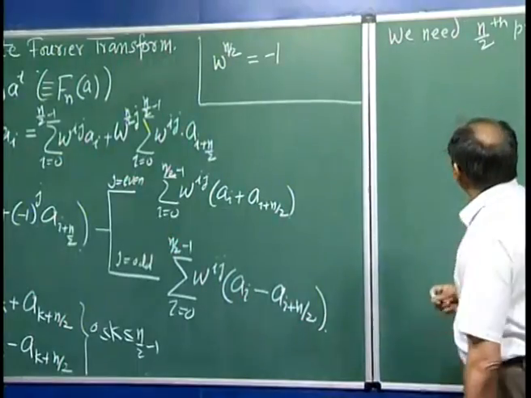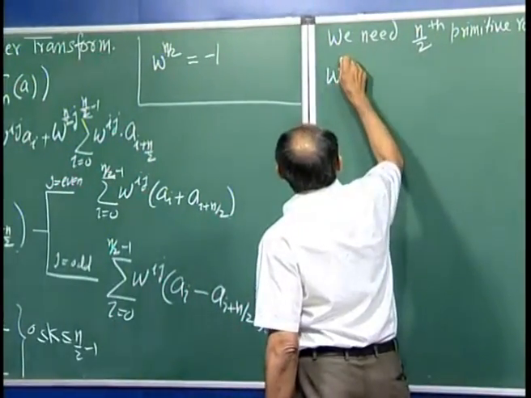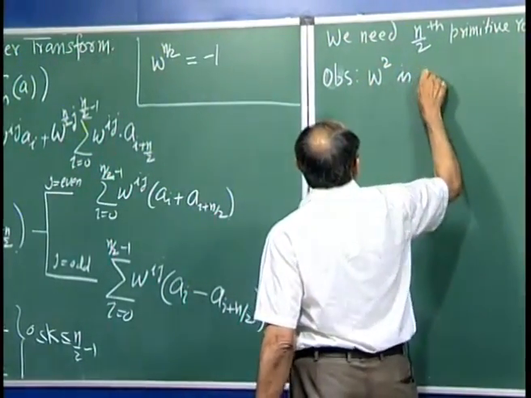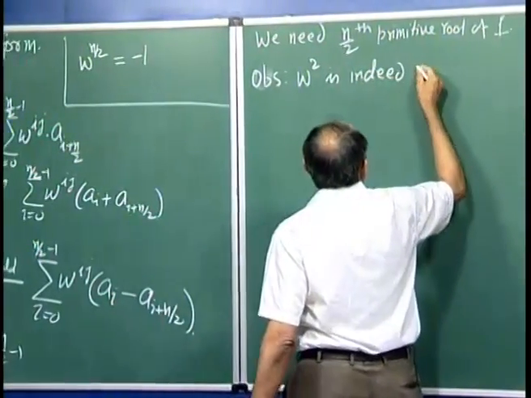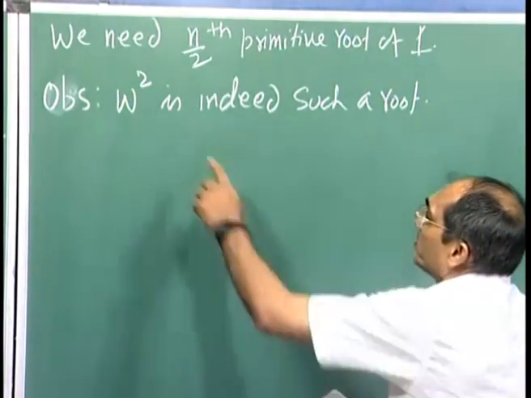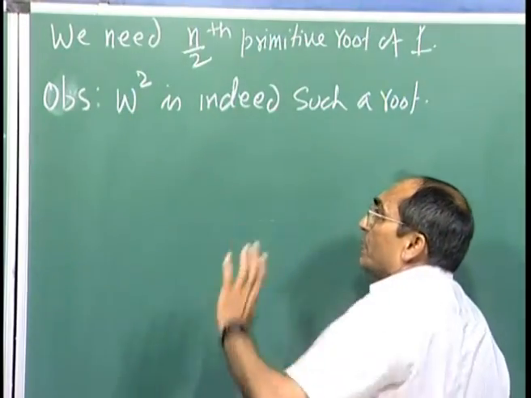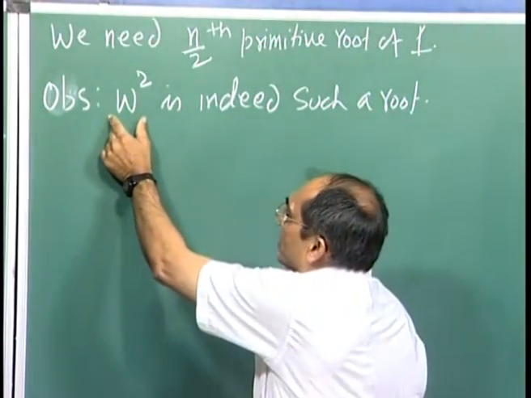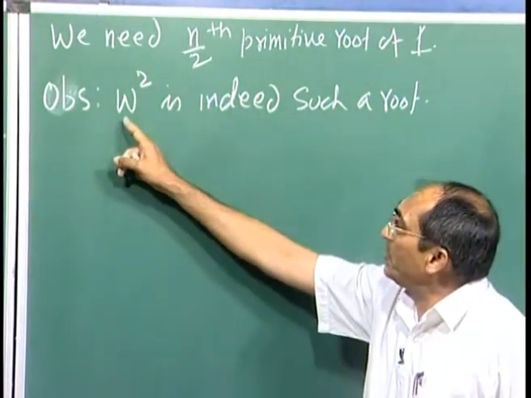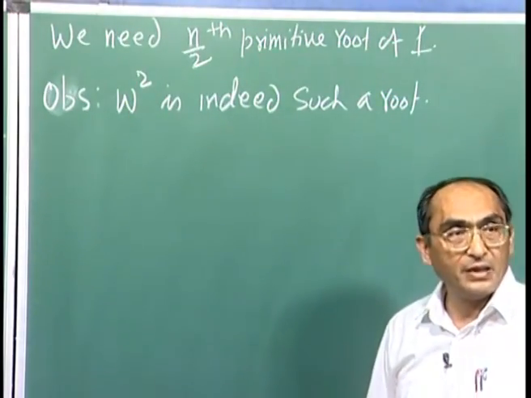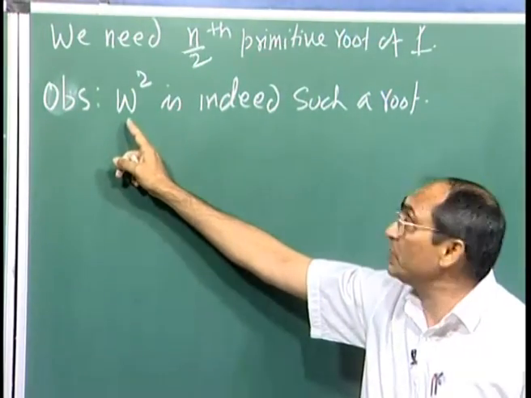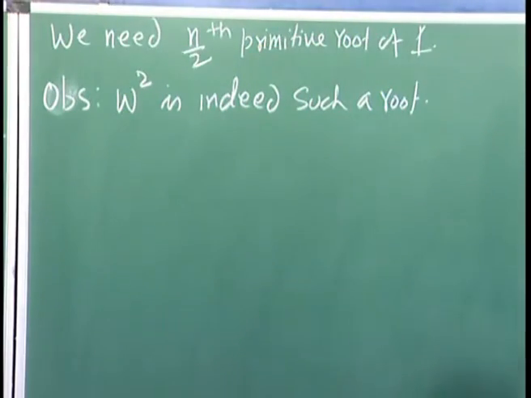Let us observe here that w square is indeed such a root. The reason is w square power n by 2 is w power n, which is 1. Any smaller power, w square power j, will be w power 2j. If j is less than n by 2, then 2j is less than n, and hence it will not be 1. So, this is a primitive n by 2th root of unity.